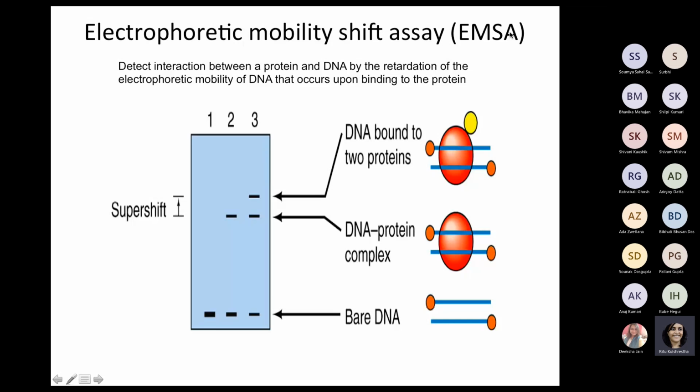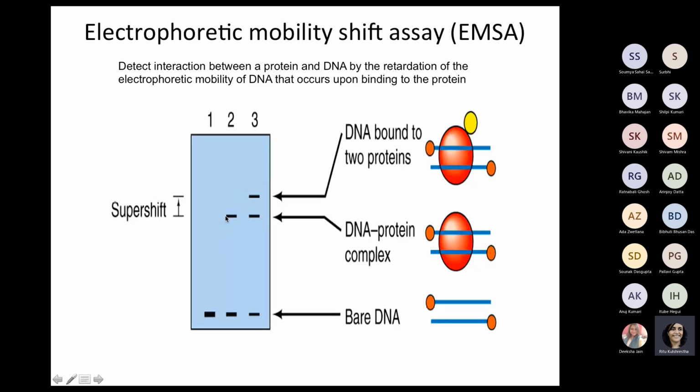It means that we have to perform electrophoresis of the DNA fragments we are interested in, and we look for the shift in the mobility. Why are we assuming that there will be a shift in the mobility? Because if the DNA is bound to a protein, then its mobility on a particular agarose gel or PAGE gel will be very much hindered.